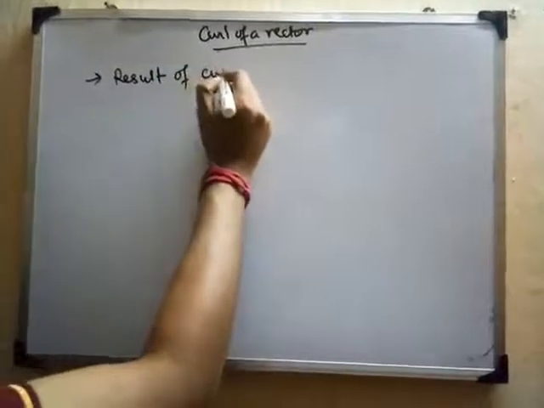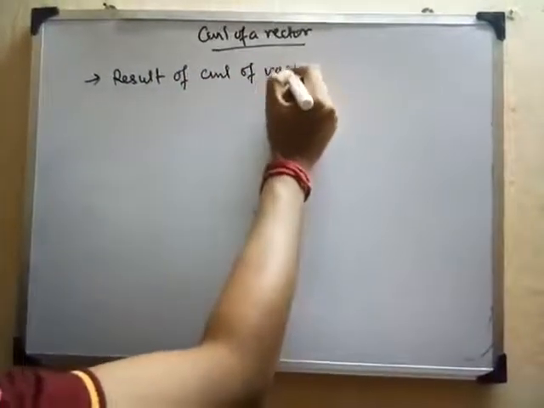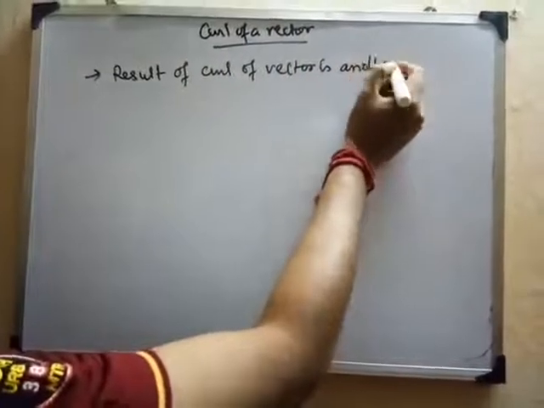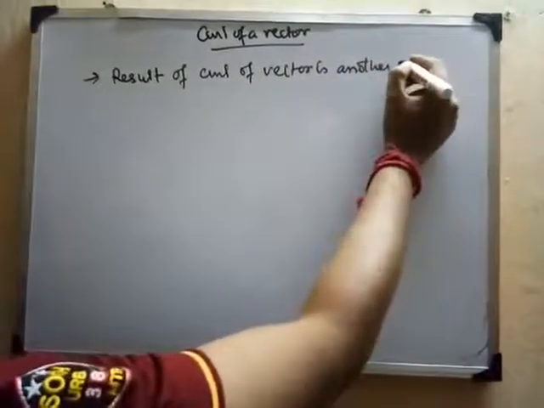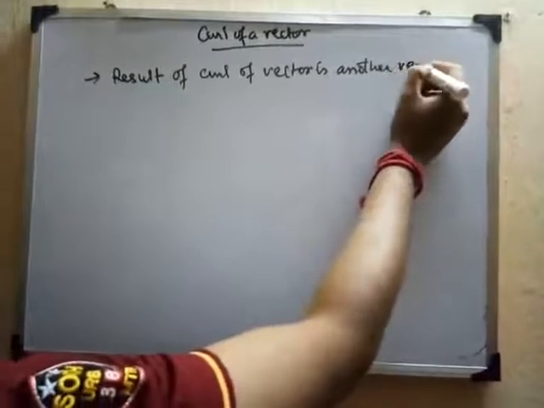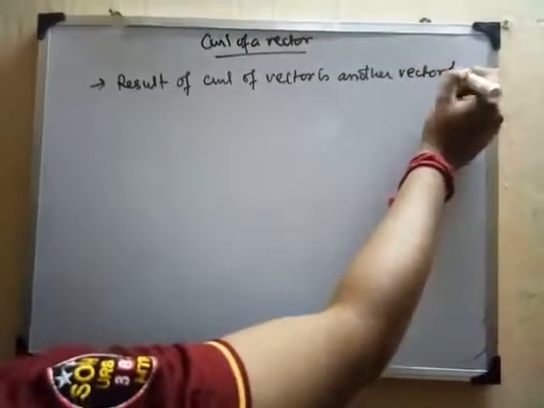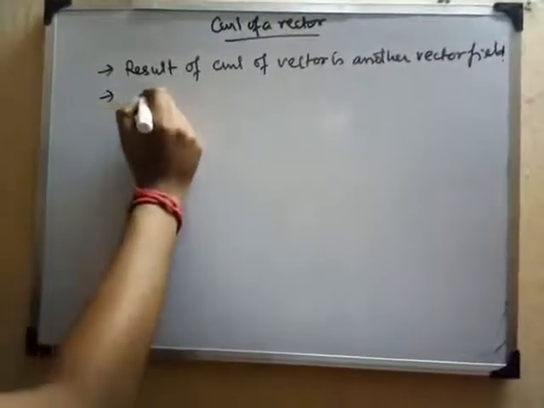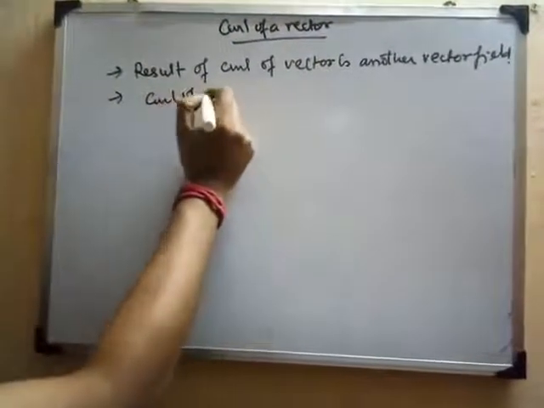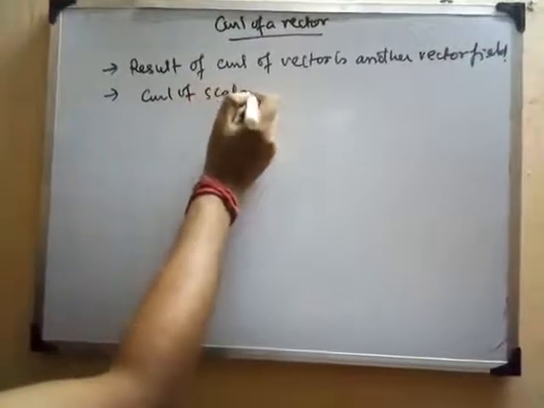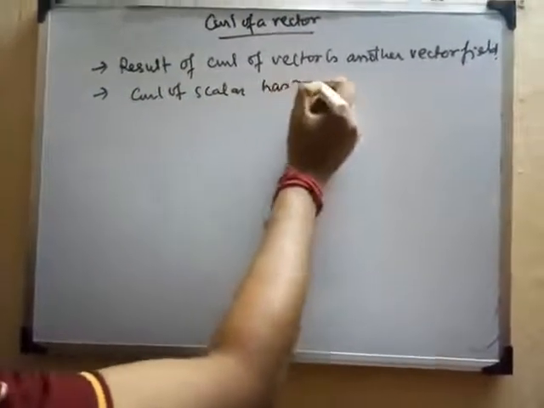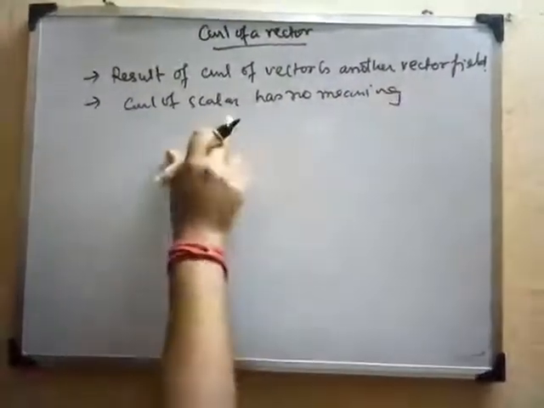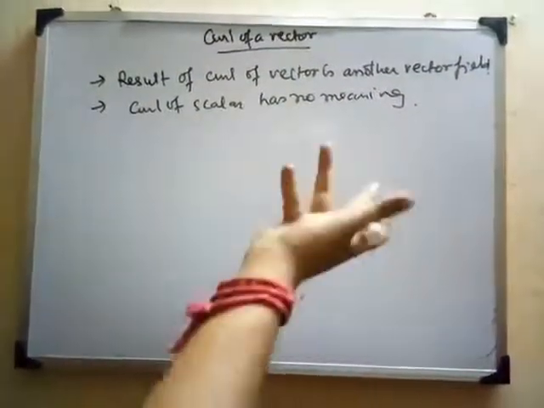The result of the curl of a vector is another vector, another vector field. The next property is that the curl of any scalar quantity has no meaning. That means you cannot take the curl of a scalar quantity.